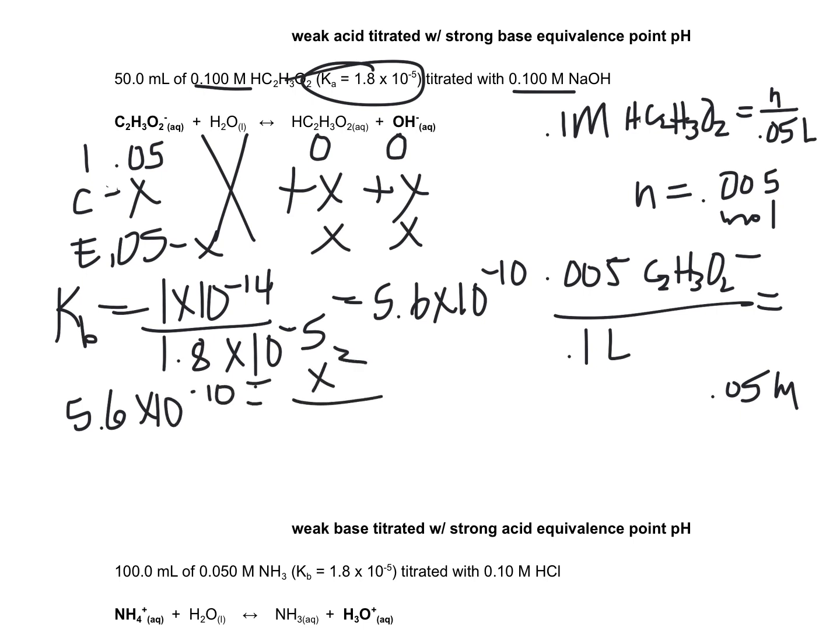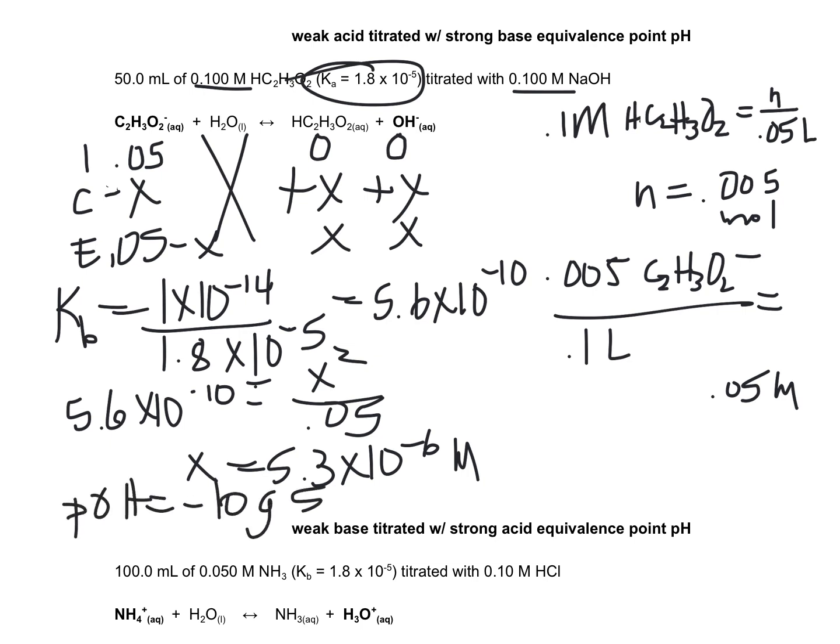X squared in the numerator, and then in the denominator, we're going to see if we can do without the minus X. So we'll do 0.05 and solve for X. X is 5.3 times 10 to the negative 6th molar. That is the concentration of the hydroxide ion, which will give us pOH.